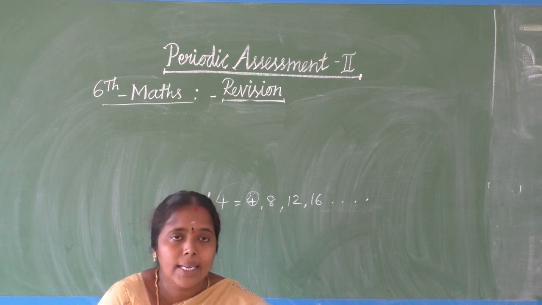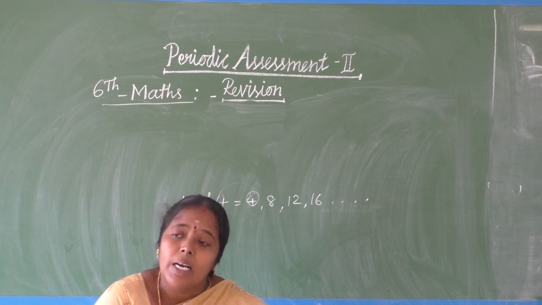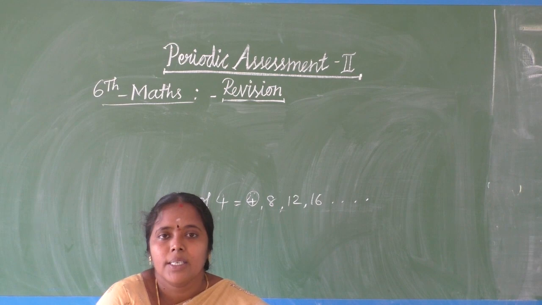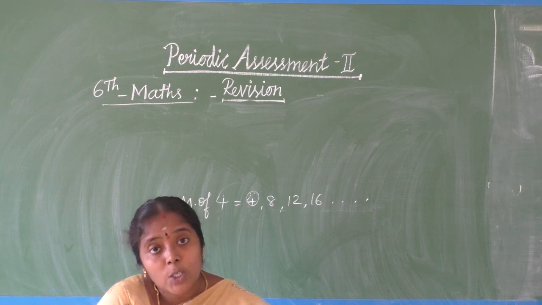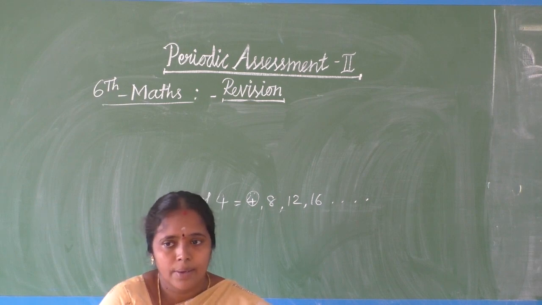What is the definition of prime? If a number has exactly 2 factors, that number is called prime. Suppose it contains more than 2 factors, it is called composite.